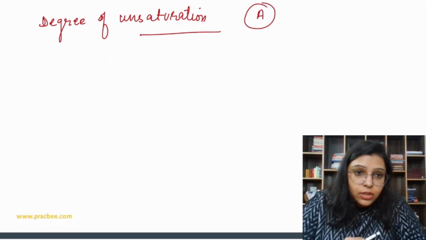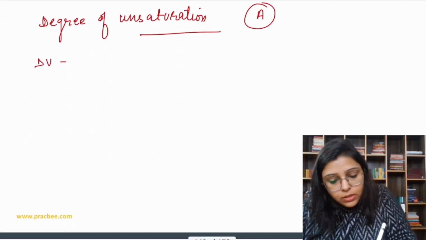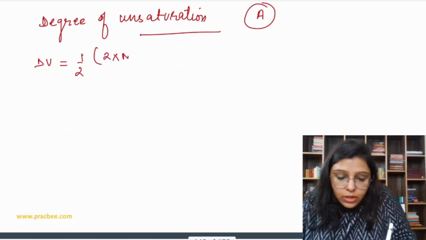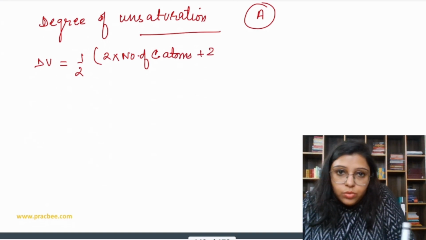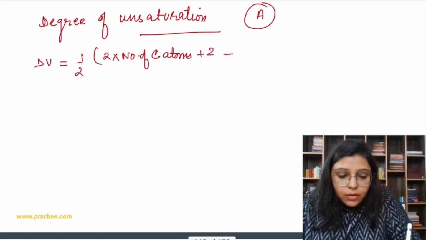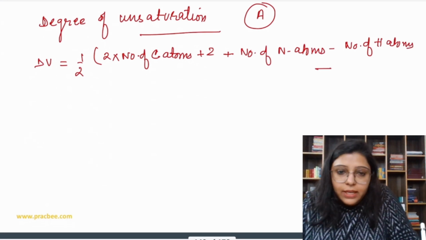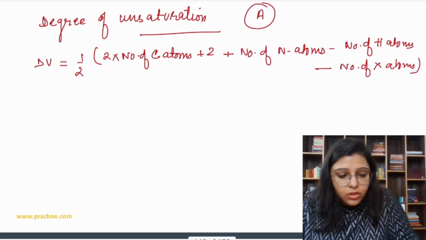Formula for degree of unsaturation is DU is half into 2 into number of carbon atoms plus 2, plus number of nitrogen atoms minus number of hydrogen atoms and minus number of halogen atoms, right? So in that way you can find out the degree of unsaturation.